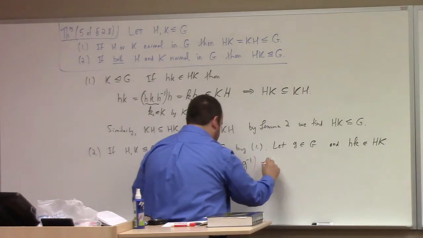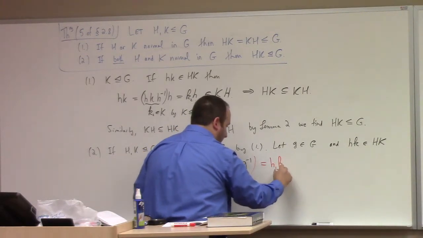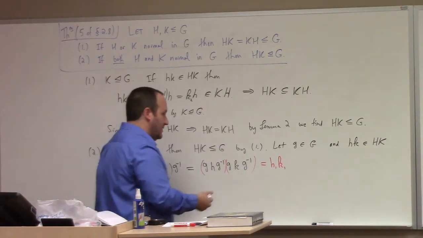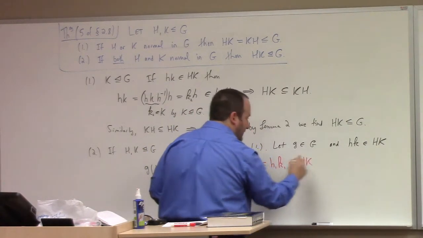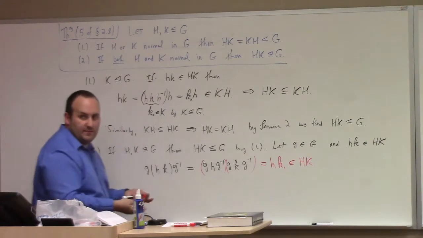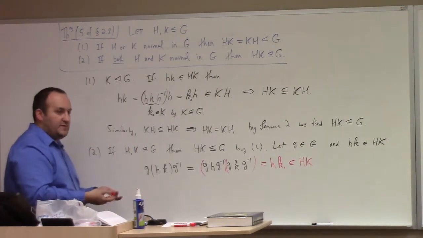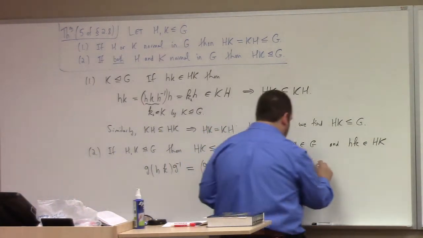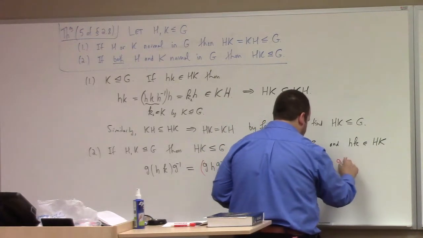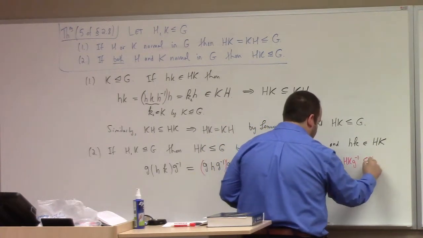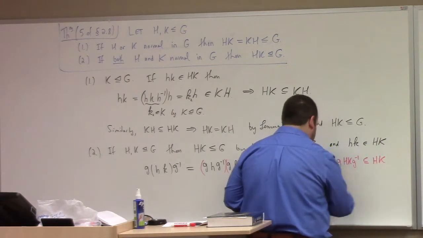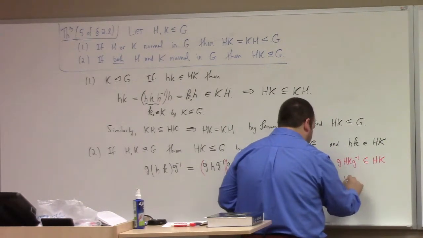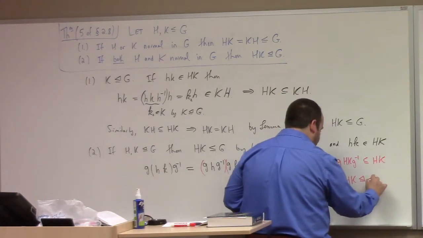So this is equal to h1 k1 for appropriate choices, which is again an element of HK. g was arbitrary, so this shows that g hk g inverse is a subset of HK, which by the normality test implies that HK is a normal subgroup of G.